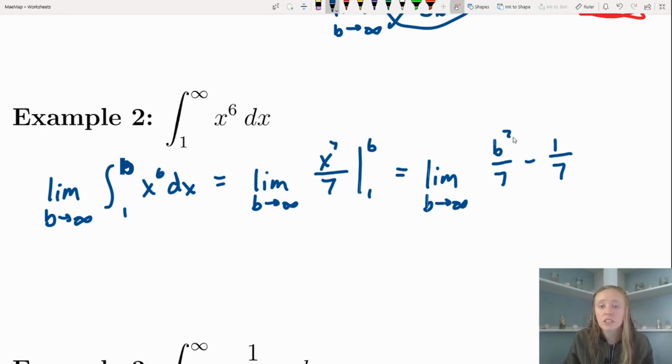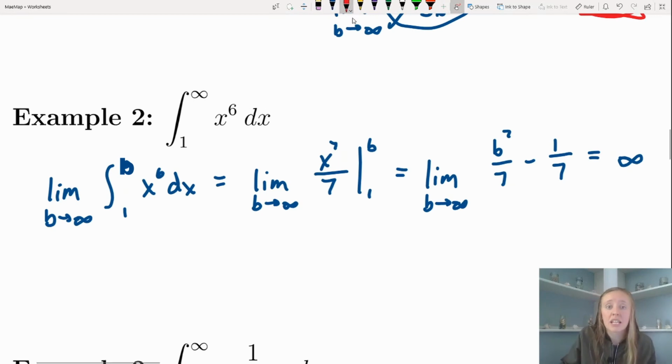Now, as b goes to infinity, what does b to the 7th over 7 go towards? We have some fraction where the numerator is getting bigger and bigger, and the denominator remains a constant. That's obviously going to go towards infinity. So this limit, even though we're subtracting 1/7, is going to be infinity.